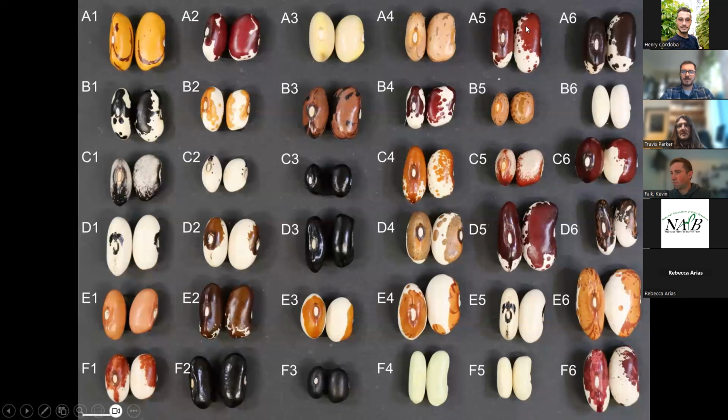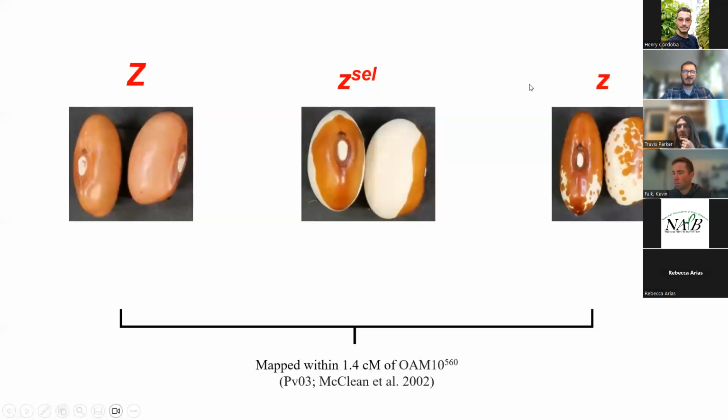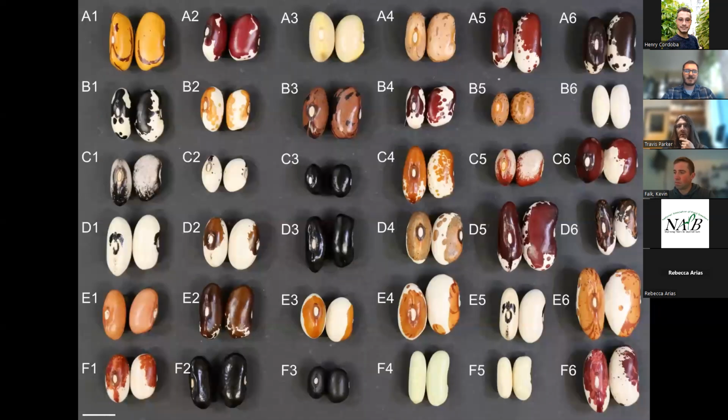This is a very different pattern, and for people who are interested in these kinds of things, they would never get them confused, and this is the result probably of this gene here. So I do think there's value. If somebody was trying to sell this as a yellow eye bean, people would call your bluff on it. People know the difference, at least as far as these things go.